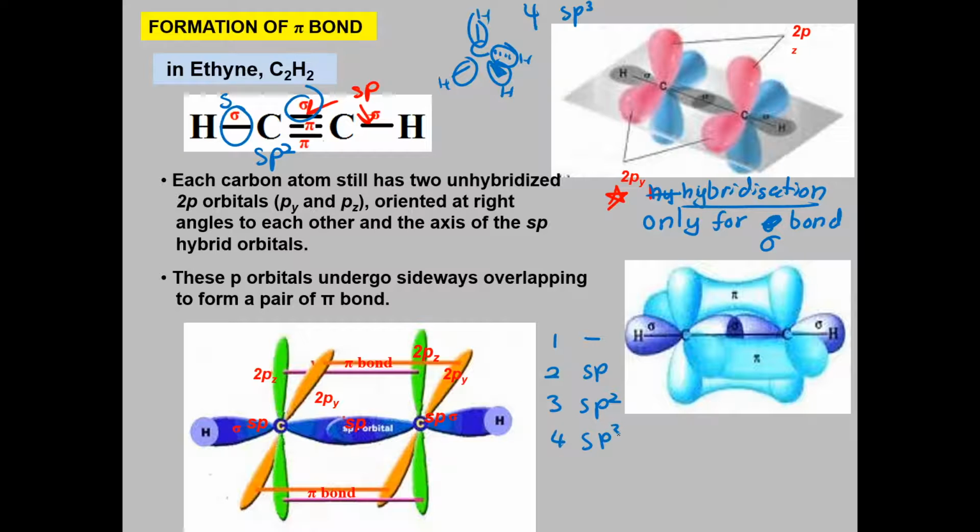Okay, we have 3, 5, sp3. Tapi sekarang kita dah habis p orbital, so kita start guna D, and then kalau tak cukup lagi, kita perlukan 6, kita guna sp3d2.